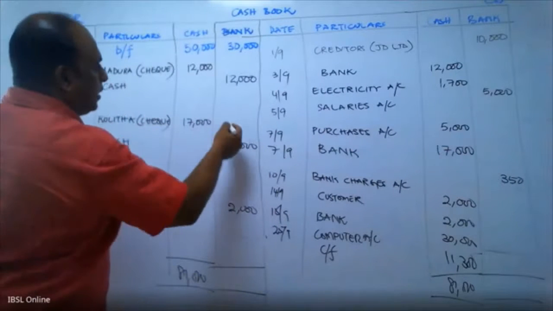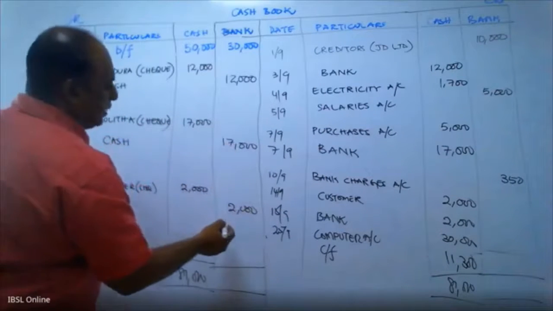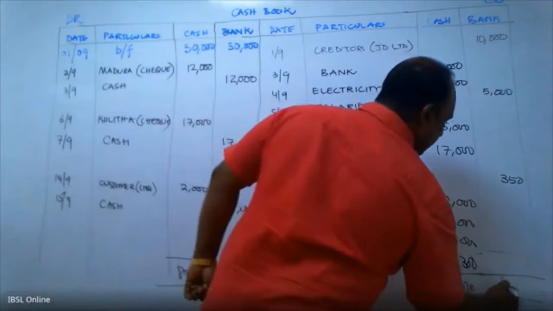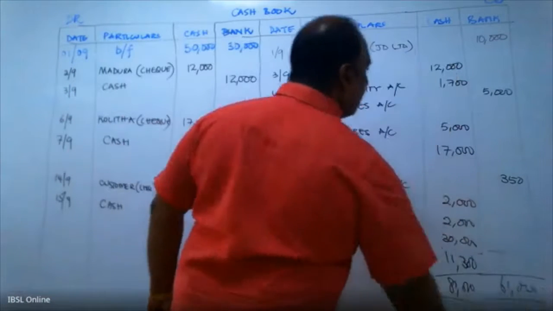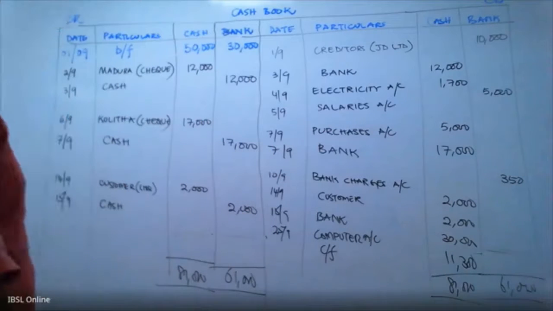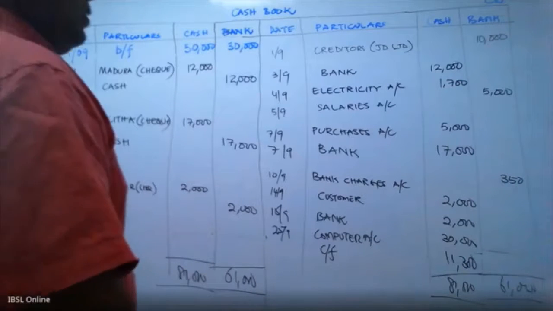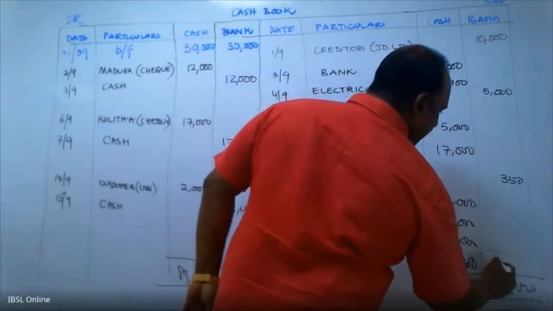How much is here? 30, 42, 59, 61. 61 here. So how much is the difference? 15,350. 650. 45,650.